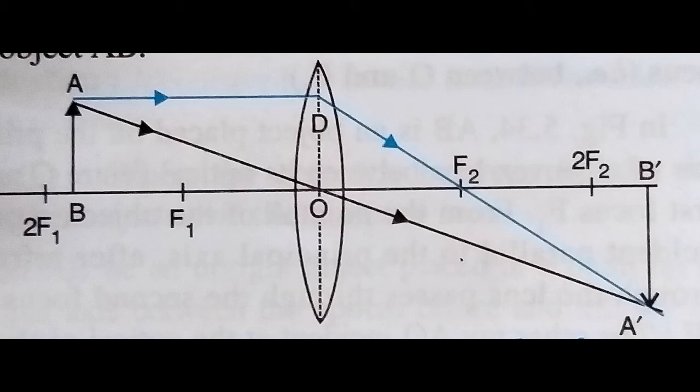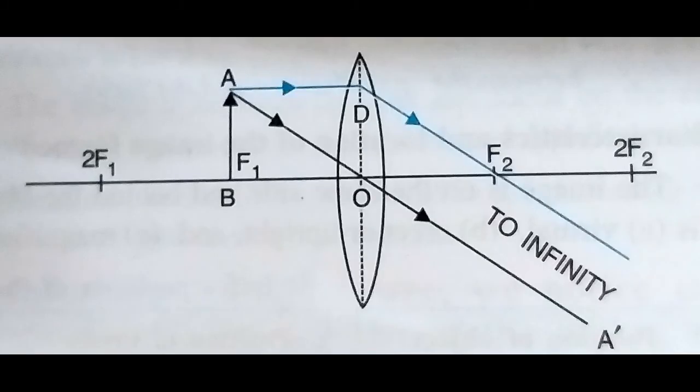As you can see in these, already you have seen 5 diagrams, and you can see this logic is being followed here, and the characteristics of this particular image will be, it will be inverted, it will be real, and it will be slightly magnified here. You can see that A dash B dash is a bit longer than the object AB. Okay, so this is the thing.